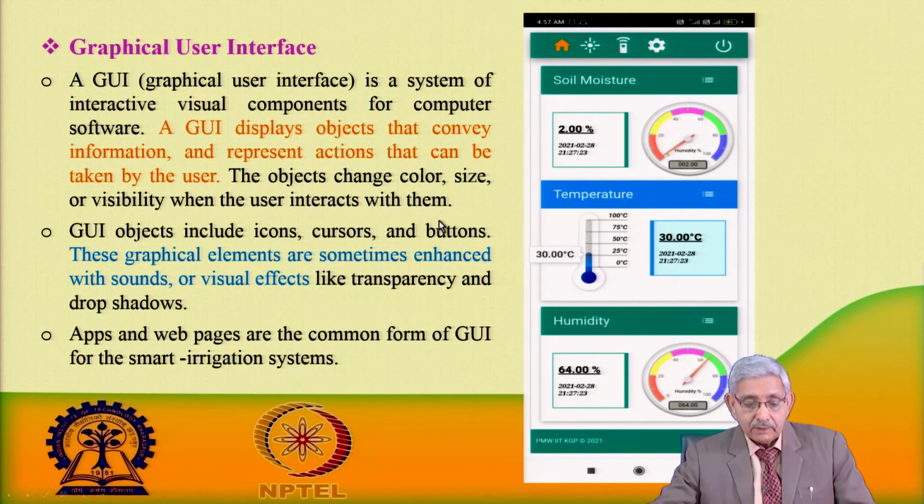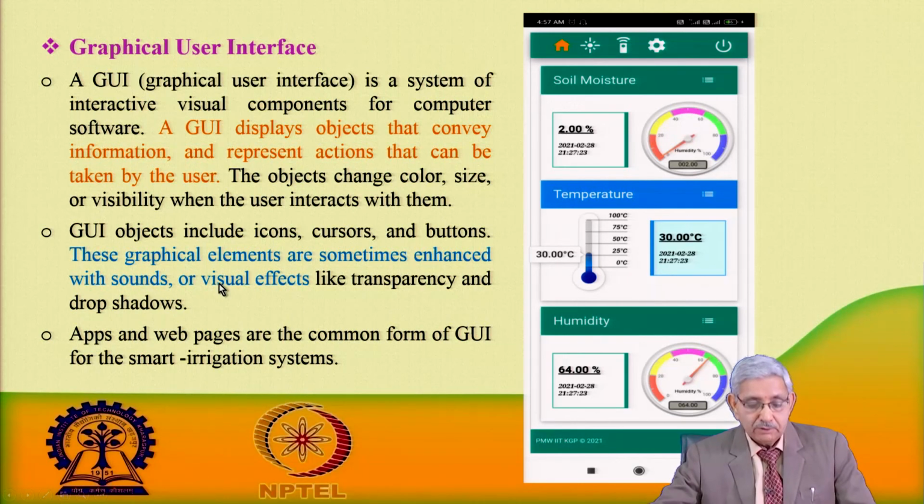This works in an interactive mode. Objects change color, size, visibility so that they can be easily understood, as you are seeing here. The soil moisture content is shown here, the humidity, and we can show the temperature data. Such information is displayed, and that makes it a user friendly system.